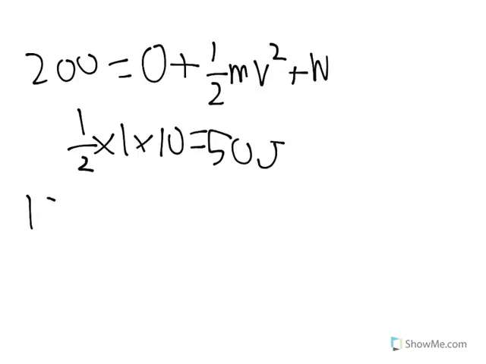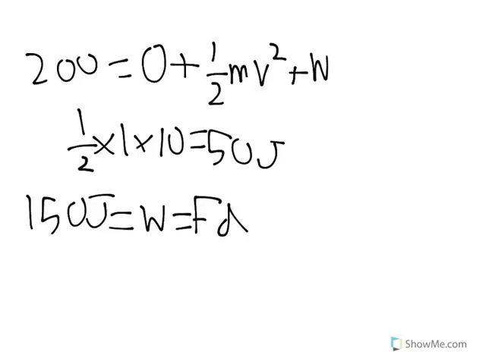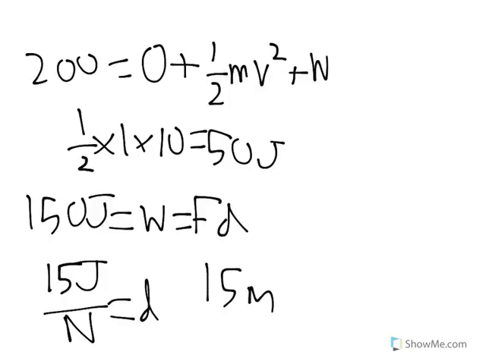So let's subtract that out. That's 150 joules equals work. Now work equals force times distance. We know force is 10, so let's divide through by 10. 15 joules per newton equals distance. And joules per newton, very conveniently, happens to be 15 meters.